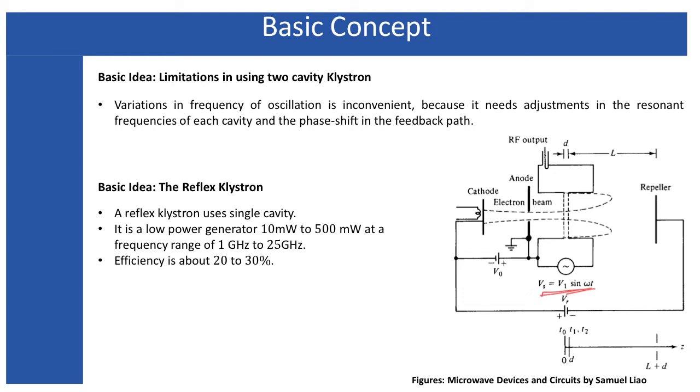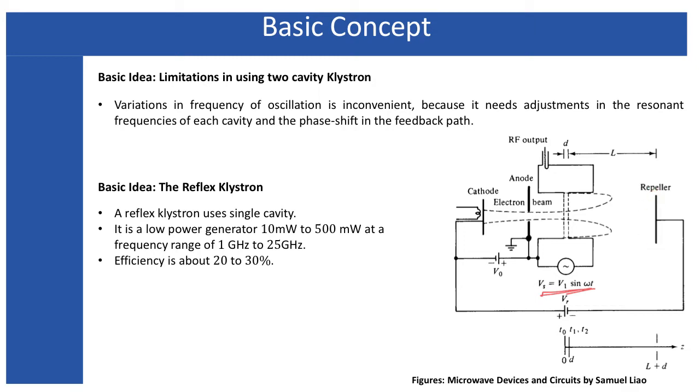And in addition to that, the electrons remain unchanged in velocity when they are passing at the node voltages of the applied gap voltage. But in the case of the reflex klystron, after passing through this gap, the velocity modulated electrons approach the repeller end.